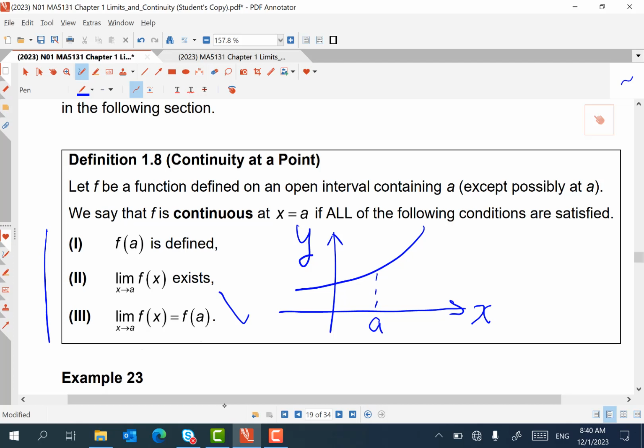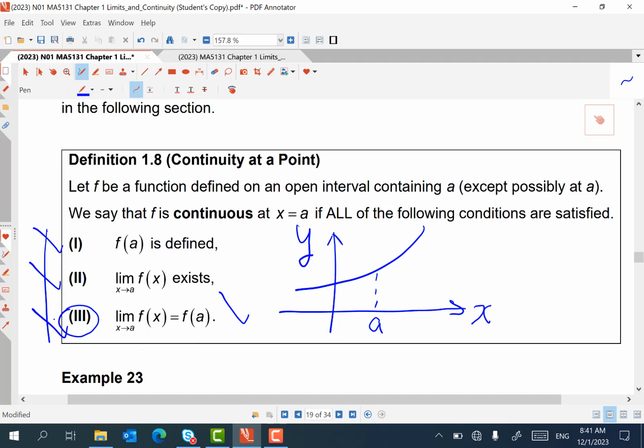However, for beginners, in this module, in the AP exams, you are required to show part 1, part 2, and then marry them in part 3. Only after you marry them in part 3, then you say, aha, it is continuous. Like it or not, you have to do it that way.